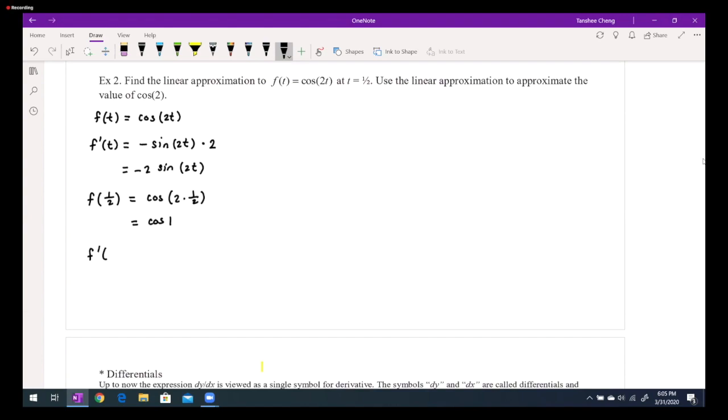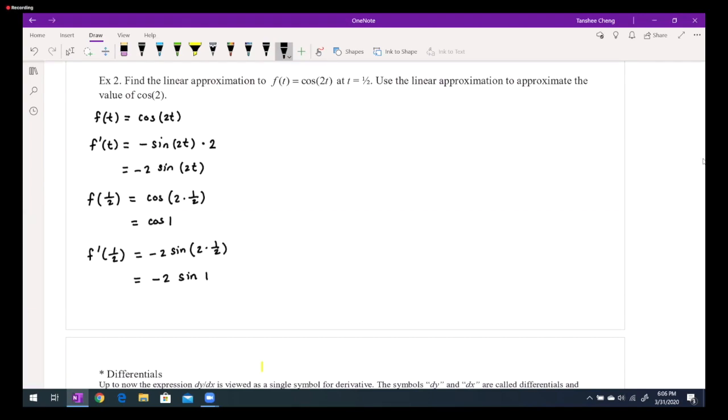So that is evaluating the derivative function at half. So that will give me negative 2 times sine of 2 times half, which will give me negative 2 sine of 1.